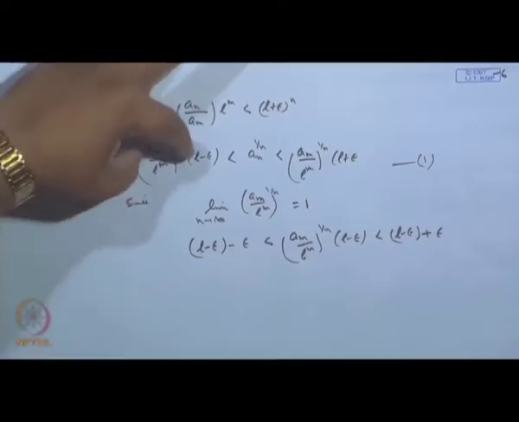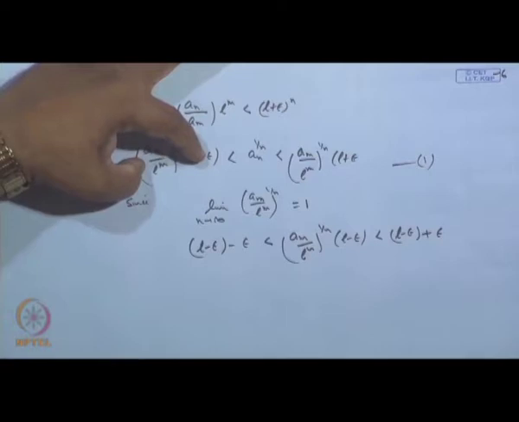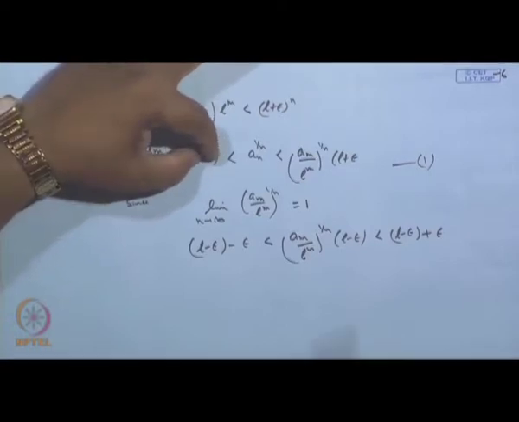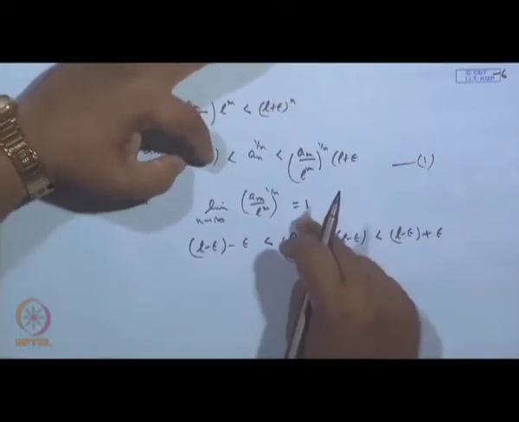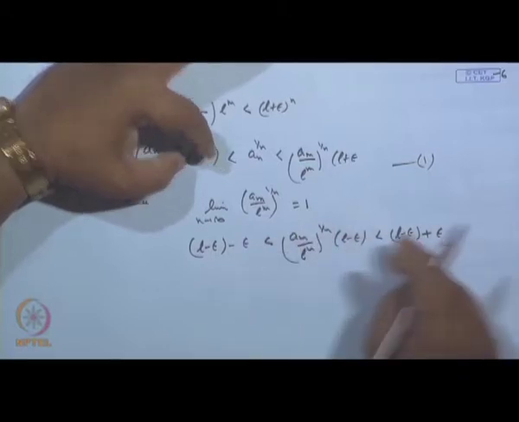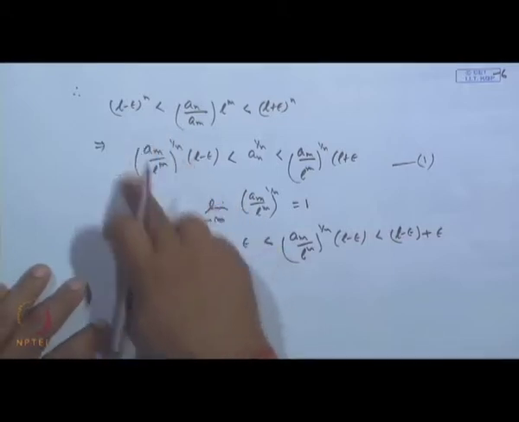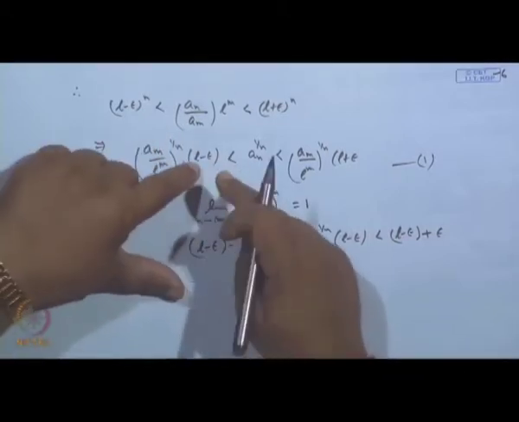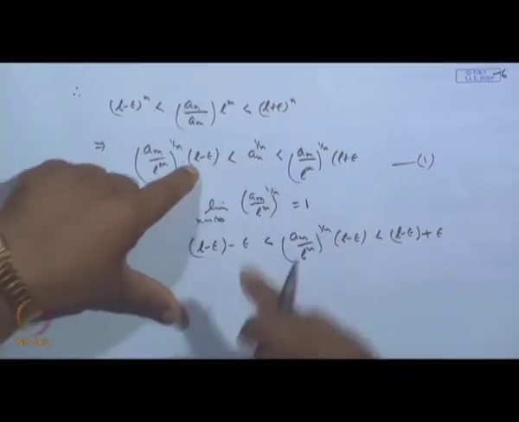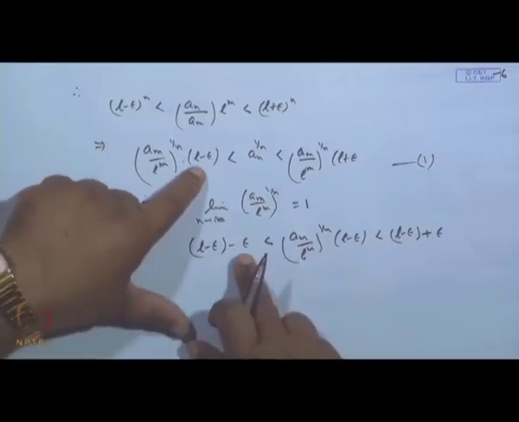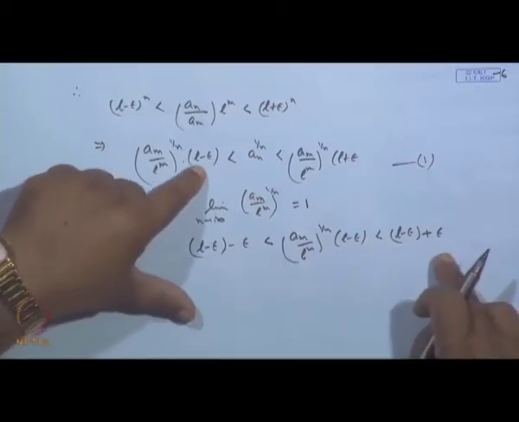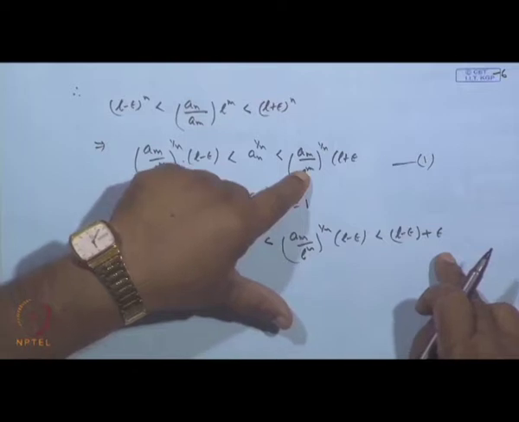Because this entire thing lies between L minus epsilon and the next term, and this one is tending to 1. So this limit will go to L minus epsilon only, and the total thing lies between L minus 2 epsilon and L. Similarly, this term will also lie between the bounds.